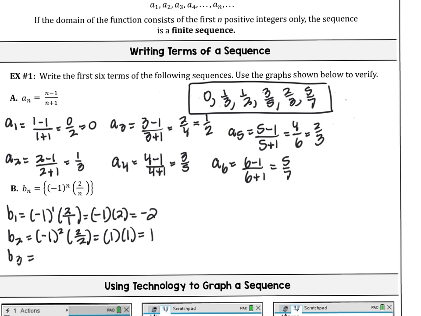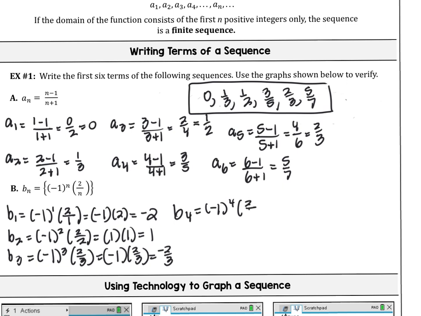The third term would be -1 to the third power over 2 times 3. So that's -1 times 2/3, which is just -2/3. All right, let's see, the fourth term would be -1 to the fourth over 2 times 4. So that's a +1 times 1/2, so that's 1/2.